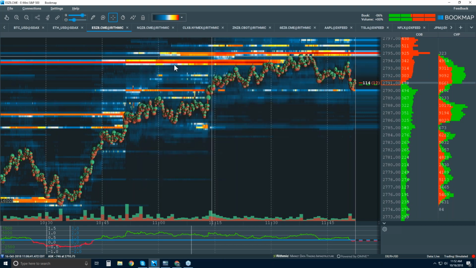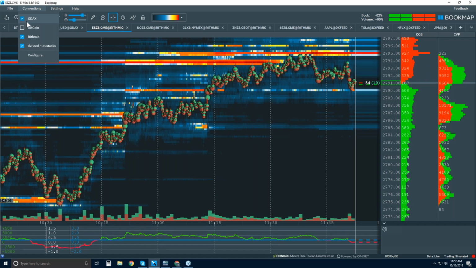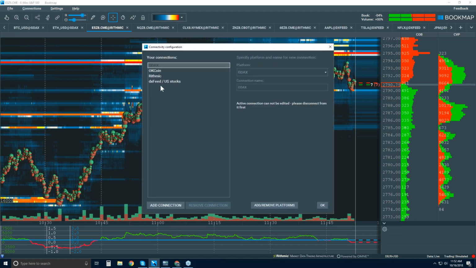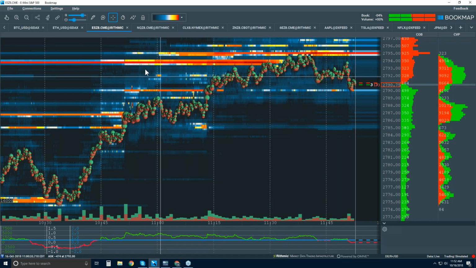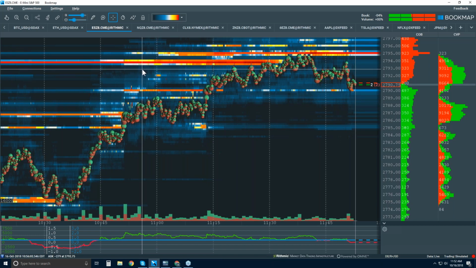A lot of times I've seen it hung up because you came from the free version and then upgraded, and it's still reading the free connections. So you may even want to deselect them, go to configure, and delete them. Then add your real connection. Try that, and then I think you'll probably be up and running. So try that before you reach out to support.